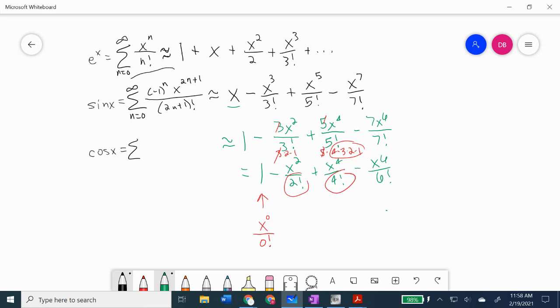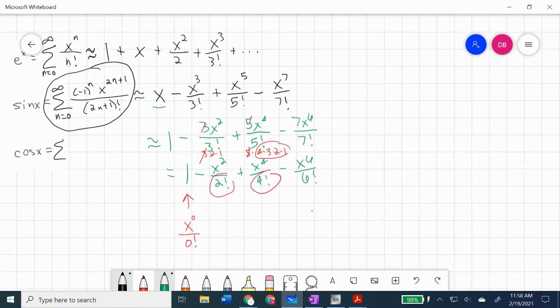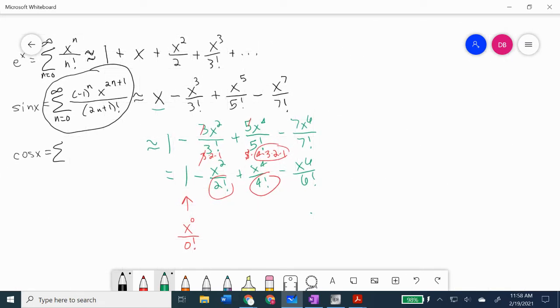I'm taking this formula right here, and that's my focus. And I want you to see through the individual terms that the negative 1 to the n over 2n plus 1 factorial, as I plug in different values of n, that piece of the formula becomes a constant multiple, which just sticks around.